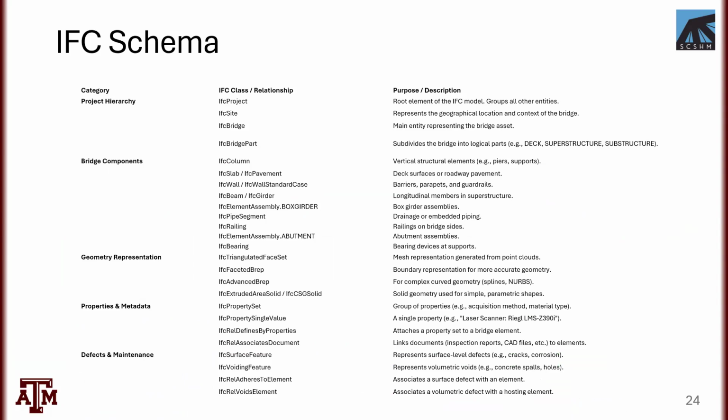So here's what an IFC schema might, for example, look like. We have a whole bunch of categories such as geometry, materials, components, defects, other metadata. We have IFC classes, like all their constituents, their components, and each one has a purpose and a description that's generally filled in.